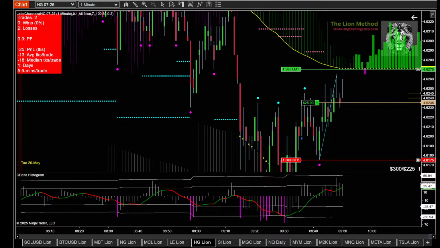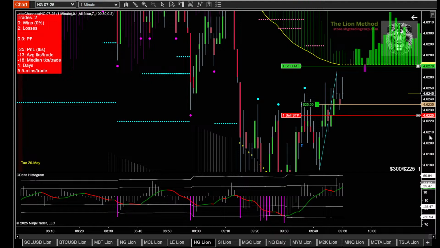All right, well, if we don't get going here, guys, let's move our stop really tight. We're just going to take a couple ticks on this now because copper is getting toppy.